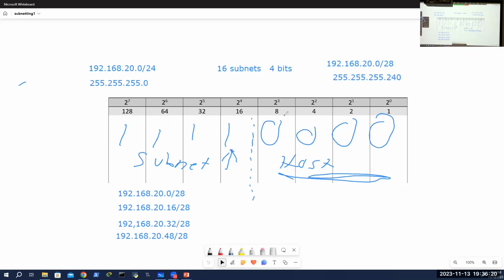But if you have 4 host bits, which means there's a total of 16 addresses if you include the network and broadcast, then that means, of course, that the next subnet has to be 16 more than the previous. There's a total of 16 addresses with 4 bits, you just have to exclude 2 when you're assigning to hosts.